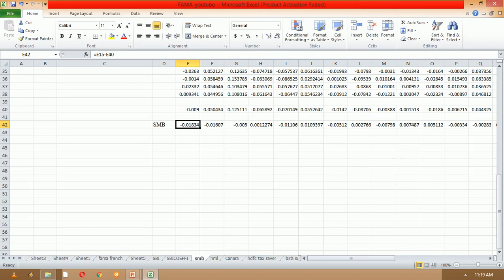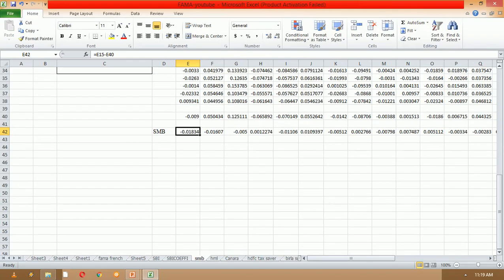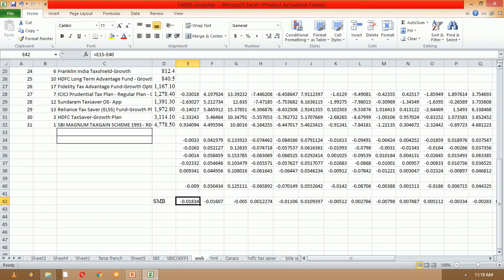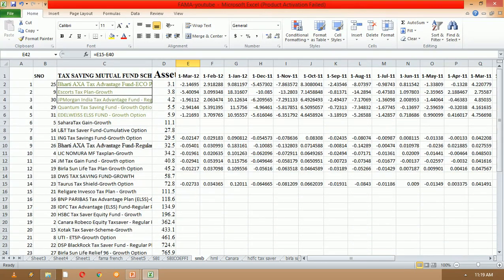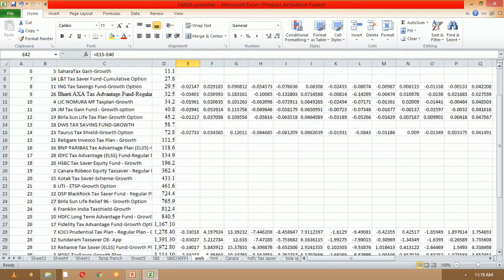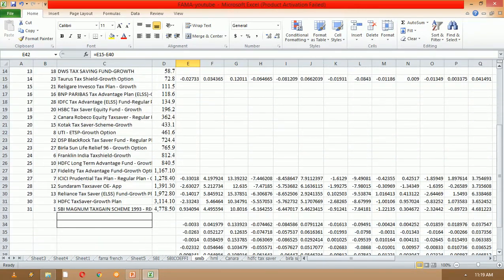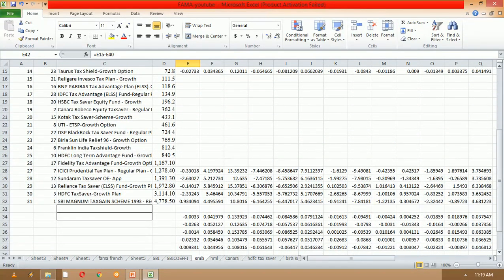Right, so like that it has been calculated for all the 3 years, that is, every month it has been calculated. So this is SMB for these 36 mutual funds.